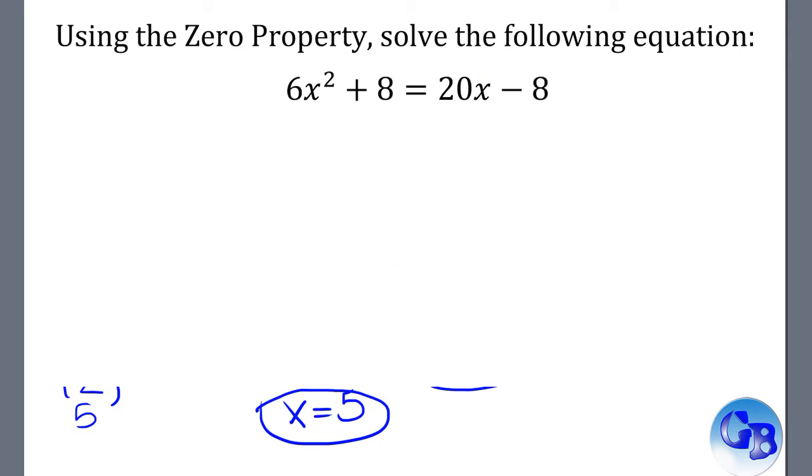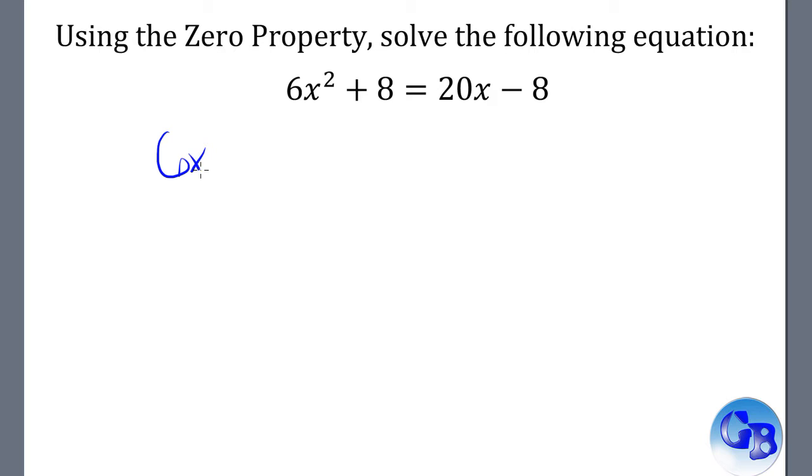Let's move on to our final equation. Using the zero property, we're going to solve this equation. Again, it looks intimidating, but it's actually rather easy. So let's begin by bringing all of this stuff to the other side of the equal sign. So we have 6x squared plus 8 negative 20x positive 8 equals 0.